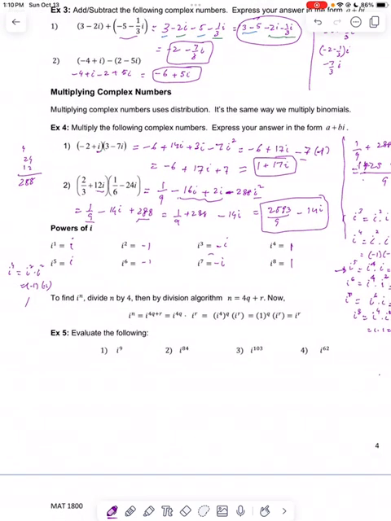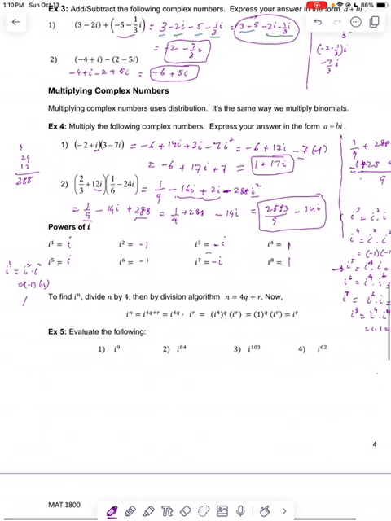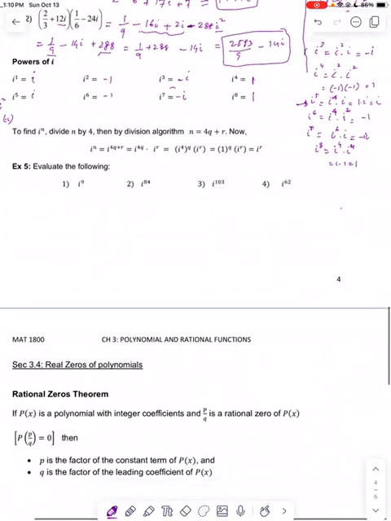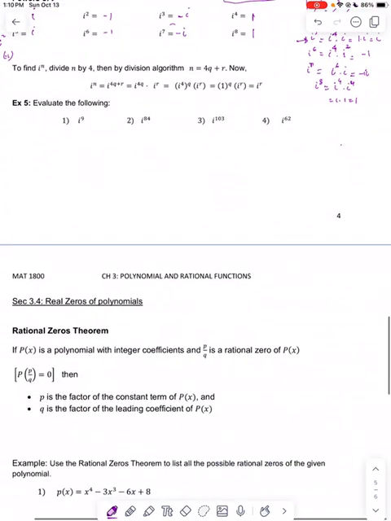What this tells us is that if there is a number n as a power of i, then we can divide the number by 4 and use what we call the division algorithm.